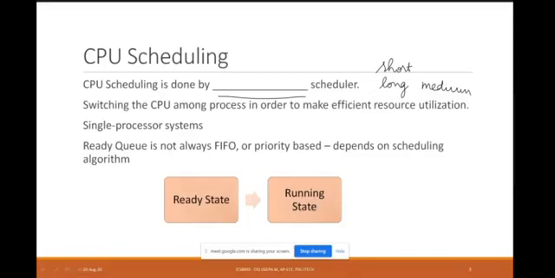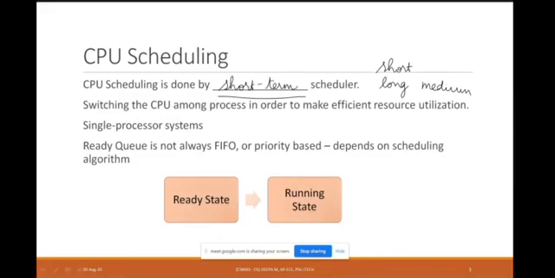Yes, it is the short-term scheduler. Good. So our short-term scheduler will be involved in your CPU scheduling.